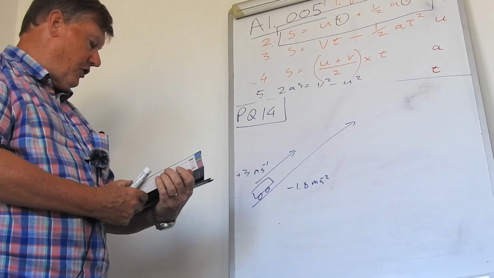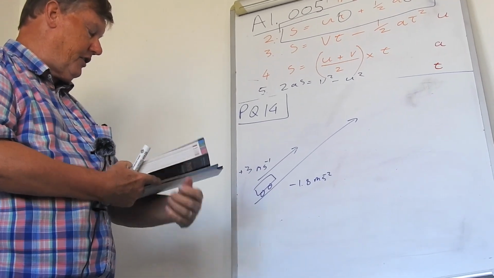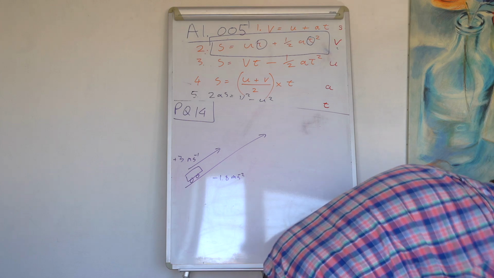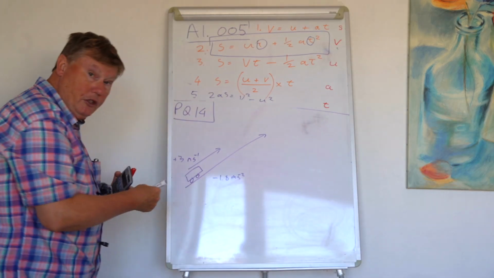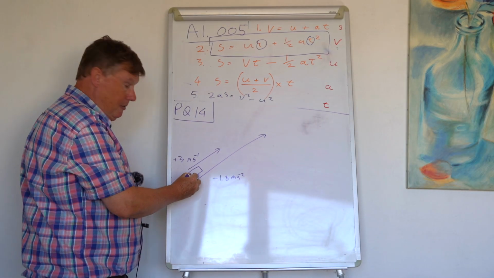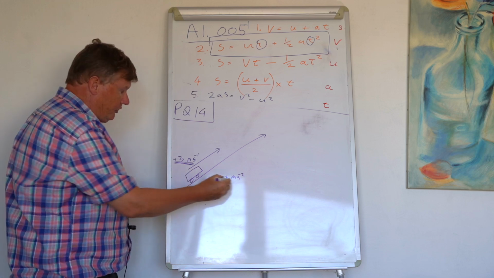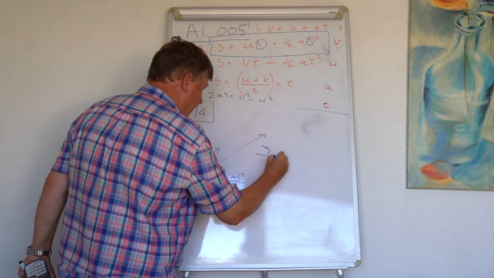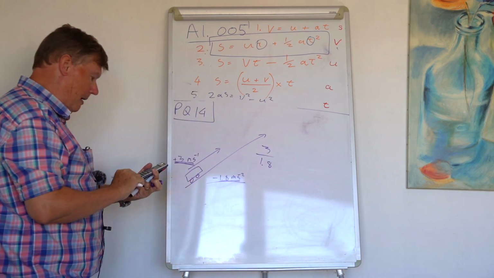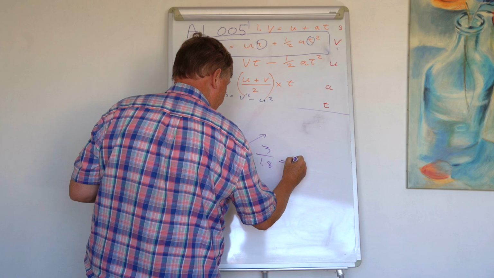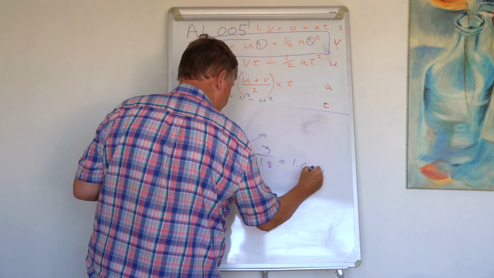Well, the first question is the time the cart takes to return to the starting point. Well, could not be easier. All you do is you work out the time it takes to slow down from +3 to 0. And every second you're slowing down by that much. 3 divided by 1.8. Forget about the signs. 3 divided by 1.8, 1 2/3, 1.667.